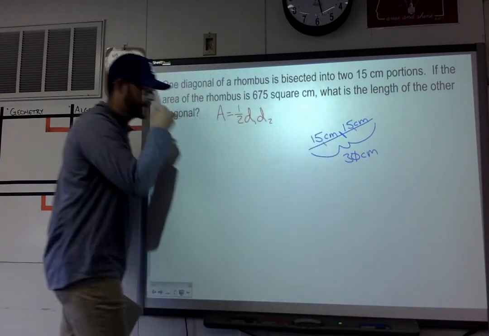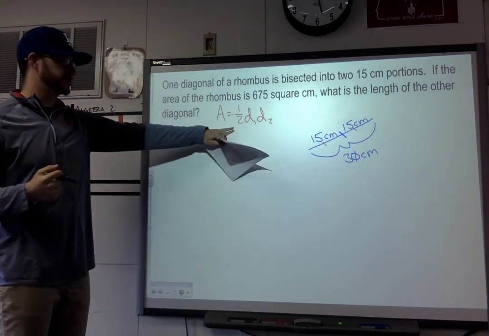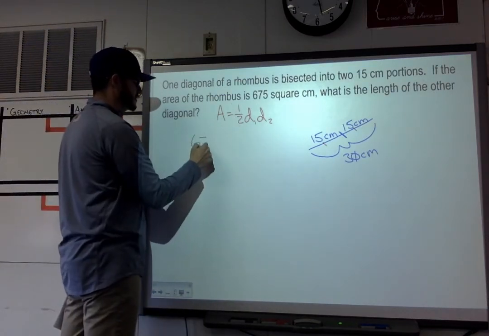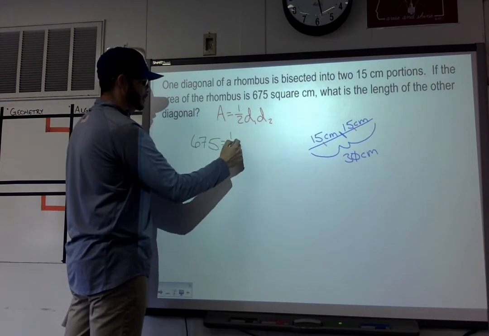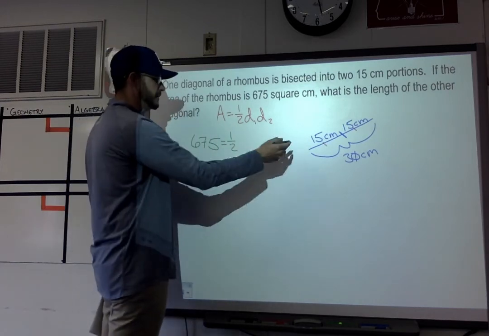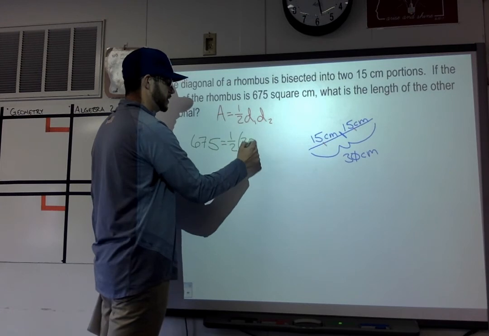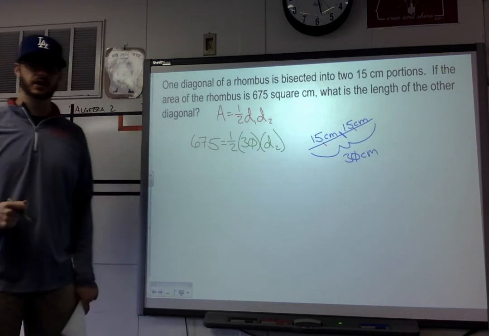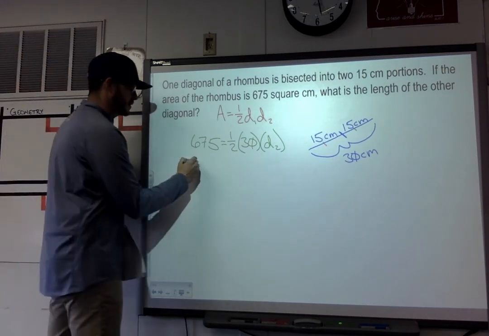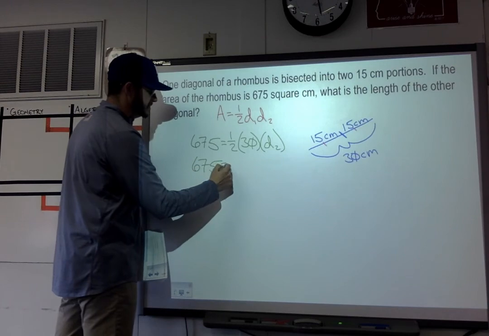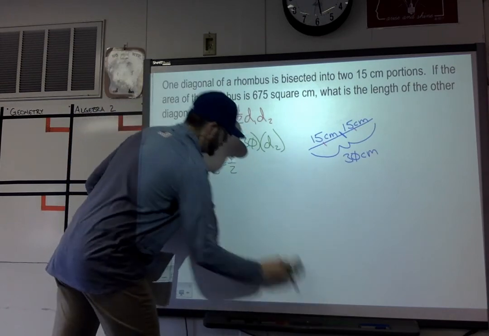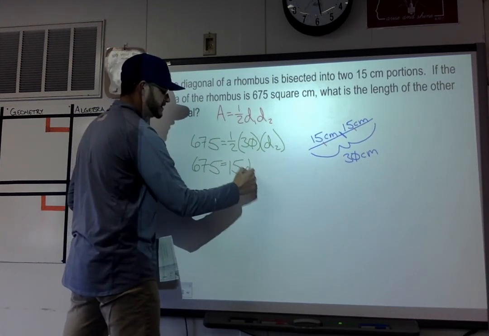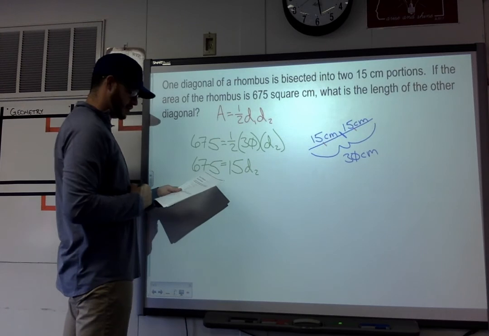So this is similar to up above. We just need to plug in the information we're given into our formula here. So we know the area is 675. We need to multiply that by 1/2 times diagonal 1, which we can use as 30, times diagonal 2, which we don't know, we're trying to solve for. So we would have 675 equals, I want to multiply 1/2 times 30, which gives me 15 times diagonal 2.